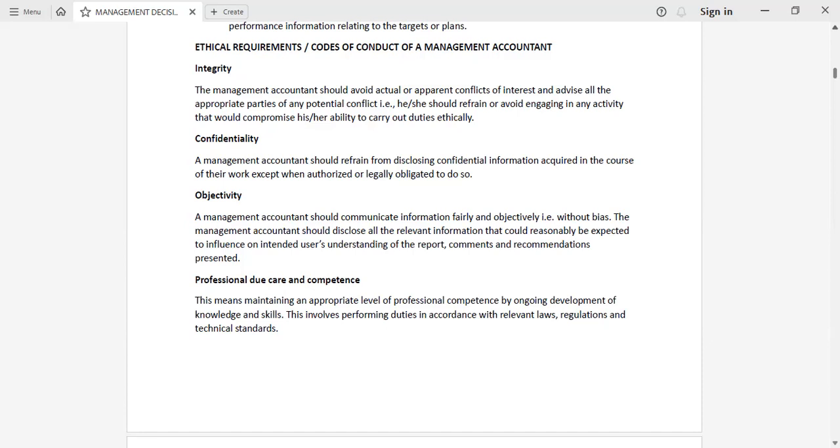But we need also to differentiate the professional due care. The professional due care looks at how you do your work. In other words, we have different standards and regulations in the different professions. Like in auditing, we have the ISAs. In accounting, we have IFRS and others.